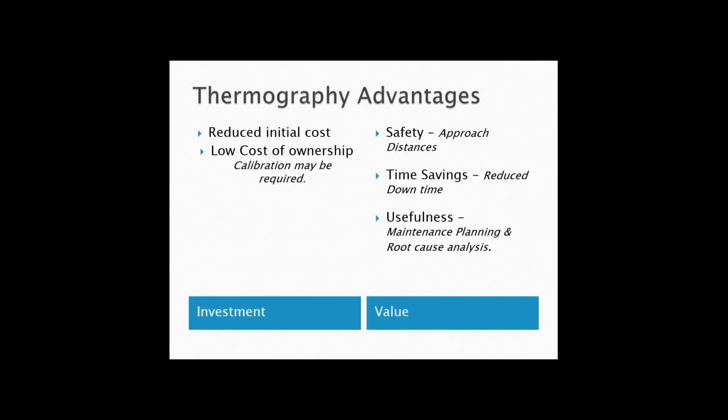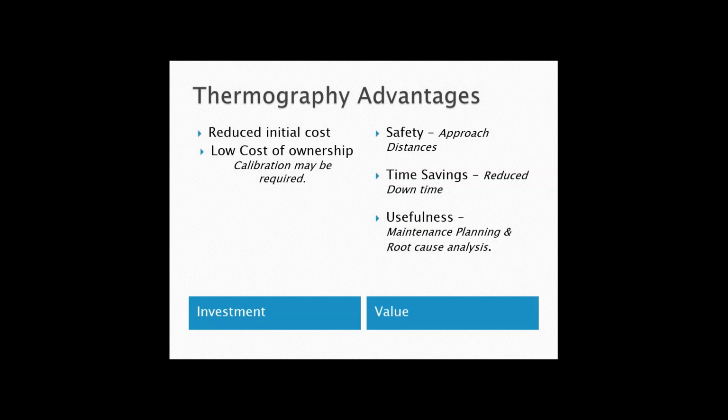So why purchase this equipment? Why bother to sit in this webinar and learn about the science? Well, with every product that you purchase, you have to consider your investment versus your value. So your investment is going to involve an initial cost, a reduced initial cost. We'll discuss that further. You also are going to have a cost of ownership. Some infrared cameras may require calibration, depending on the manufacturer.